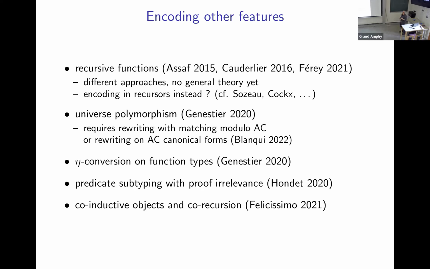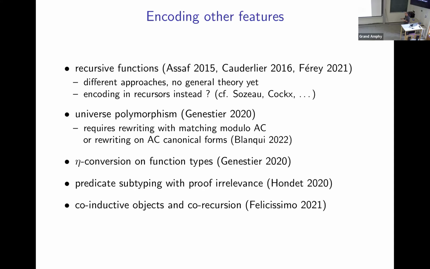I already mentioned it's more complicated because then you have to handle the max operator on universes, which has a number of algebraic properties, including associativity and commutativity. So in this case, you need in the logical framework to reason modulo those properties. You can use, for instance, rewriting with matching modulo AC or some special rewriting strategy in order to be able to prove that two universes are equivalent.